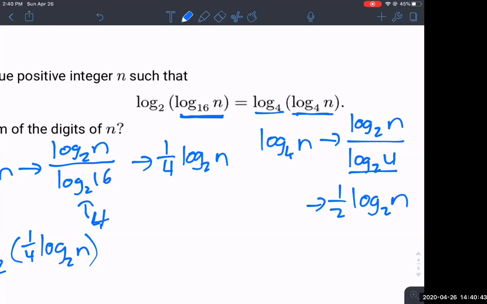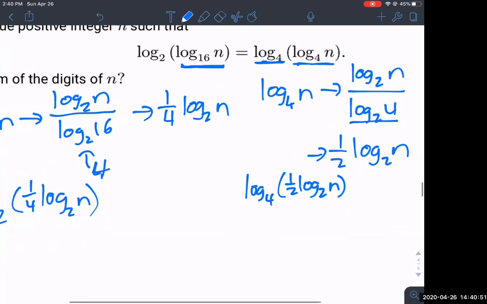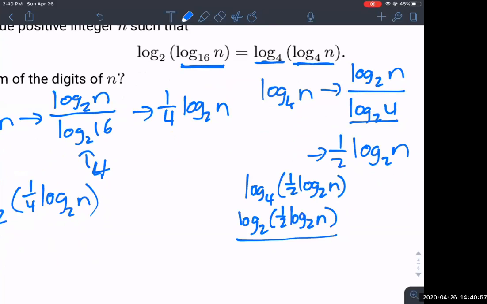Then we can take this outermost thing, log base 4 of 1/2 log base 2 of n, and change base to log 2. And that just becomes 2. So yeah, 1/2 log base, I'm getting very cramped.